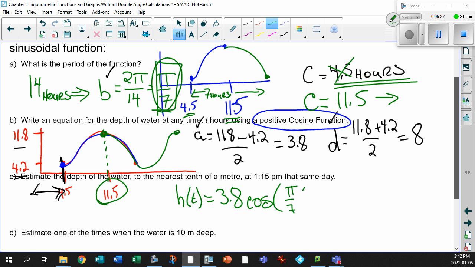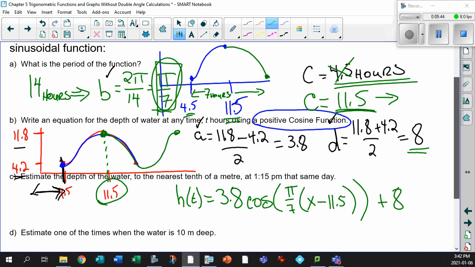Okay, got that, right? X minus, my shift is 11.5. 11.5 to the right, okay? Close the bracket off, plus my d value. Plus 8, right? Yep, there it is.